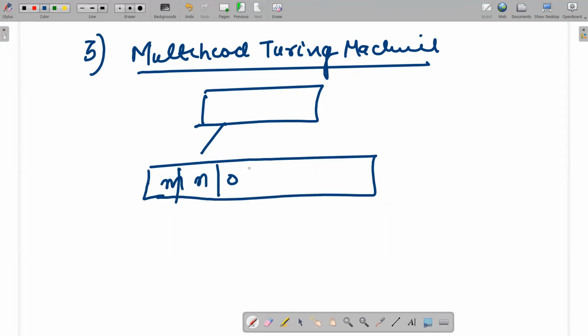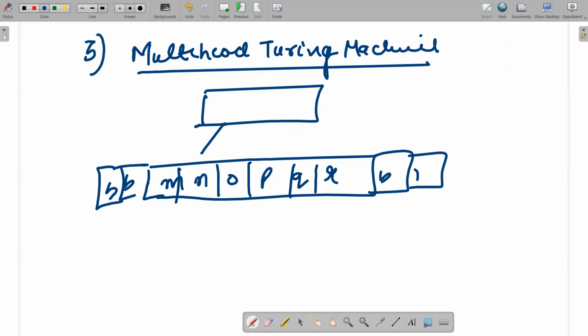M N O P Q R. So this is my input string, and followed by we have blank symbols and blank symbols over here. So we have your head number 1, head number 2, head number 3, and head number 4.